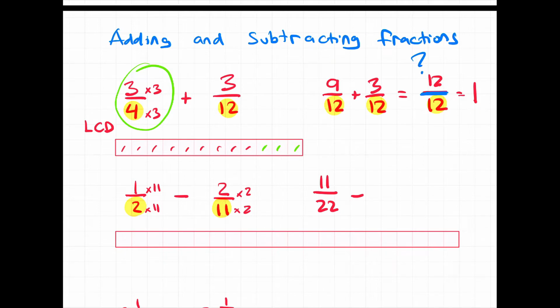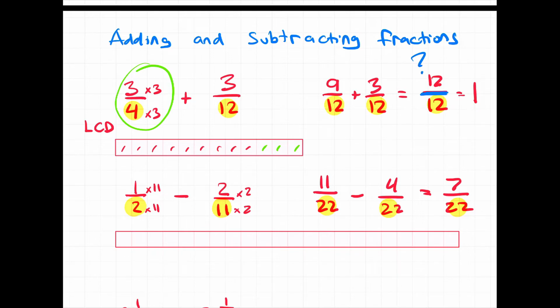We're going to subtract from that, again, a common denominator, and we're going to end up with an answer that has a common denominator. So 22, 22, and 22, they all have to be the same denominator. The second fraction is going to be 2 times 2, which is 4. And the difference of these two is going to be 11 minus 4, which is 7.